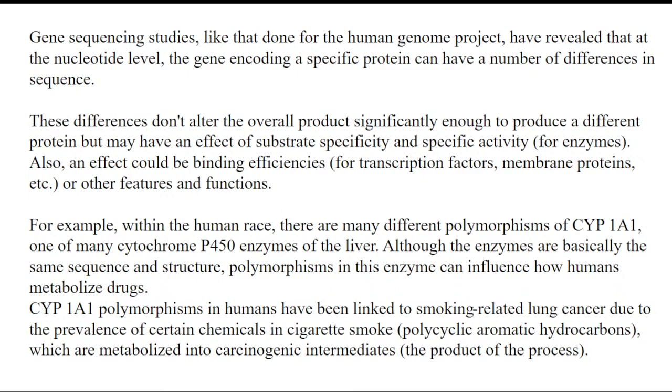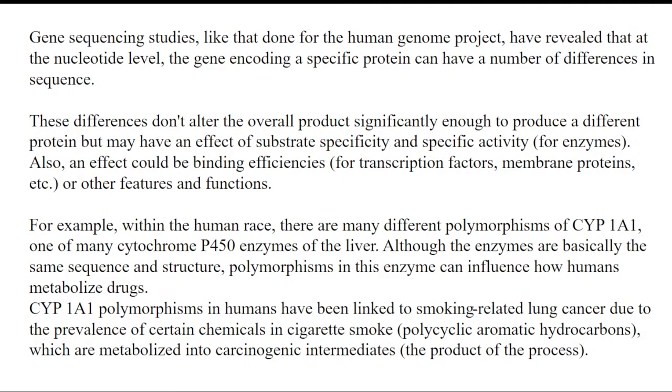These differences don't alter the overall product significantly enough to produce a different protein, but may have an effect on substrate specificity and specific activity for enzymes. Also, an effect could be on binding efficiencies for transcription factors, membrane proteins, or other features and functions.